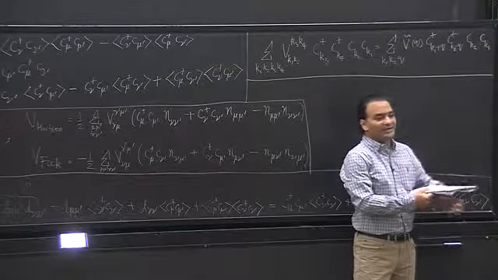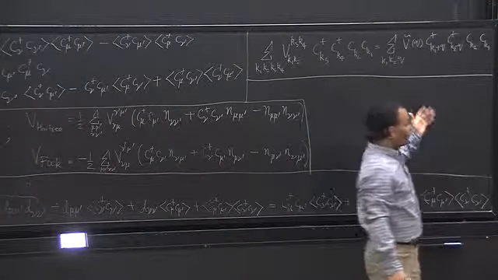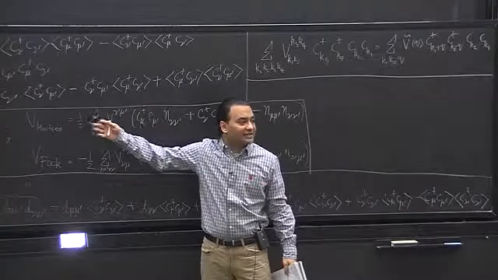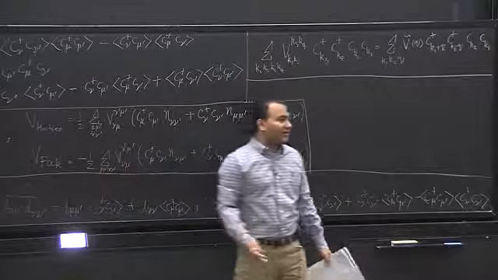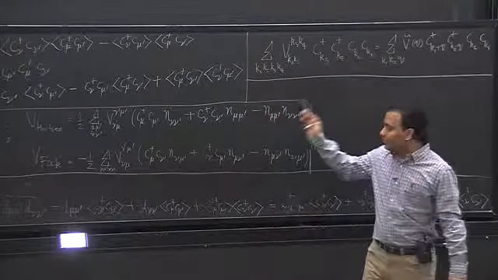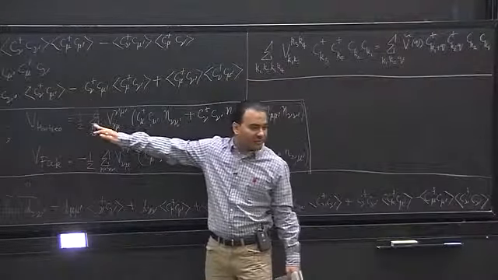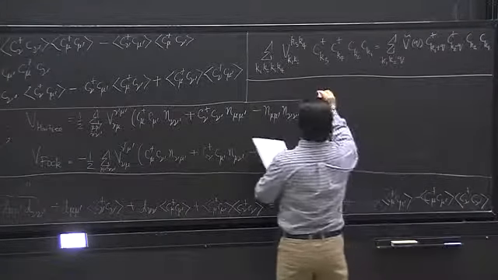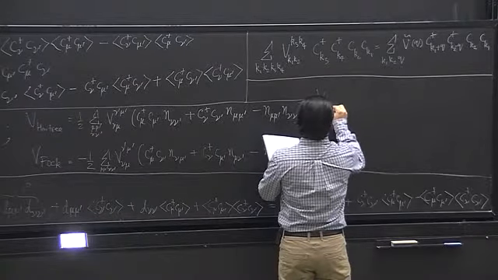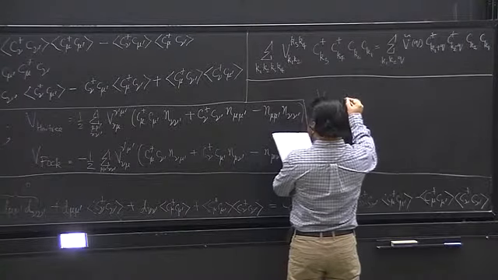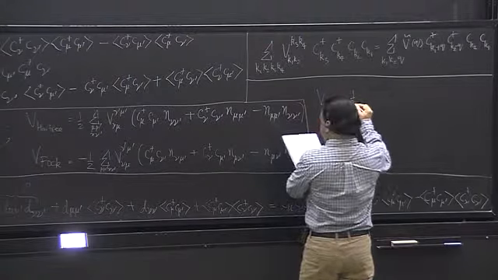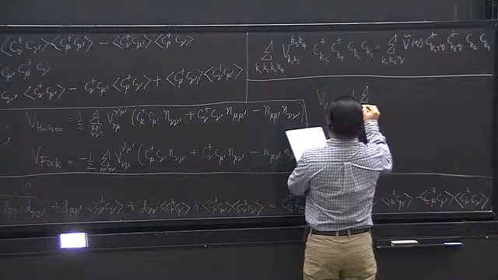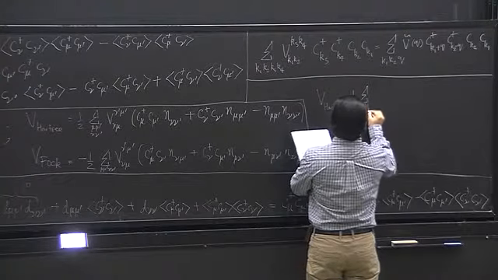The reason I'm doing this is to simplify. Right now we have 4 sums. We want to build some intuition into what these Hartree and Fock terms do. So we want to use conservation of momentum and get rid of one momentum sum. So now V Hartree will be half, sum over p prime, q.